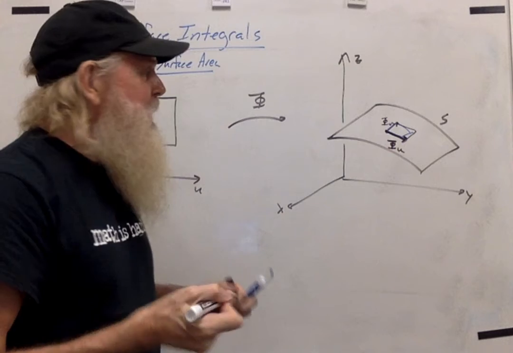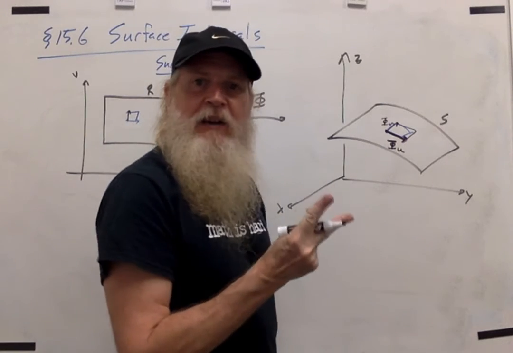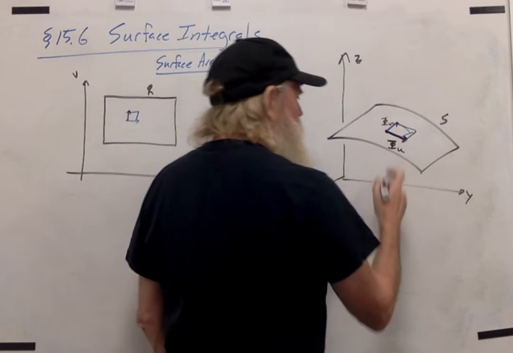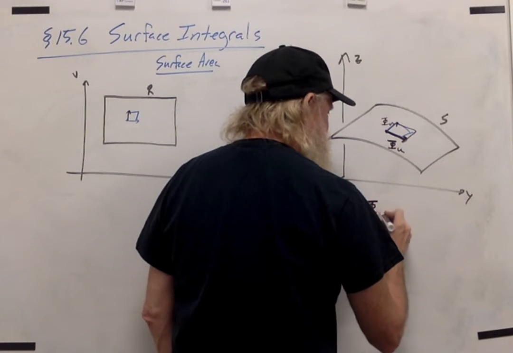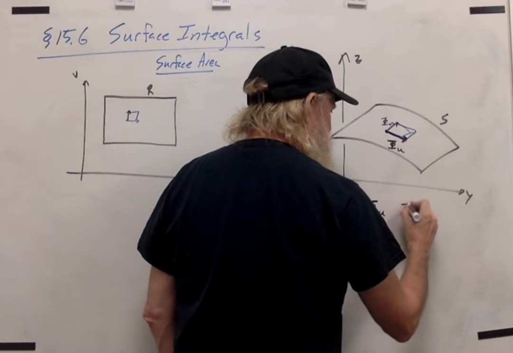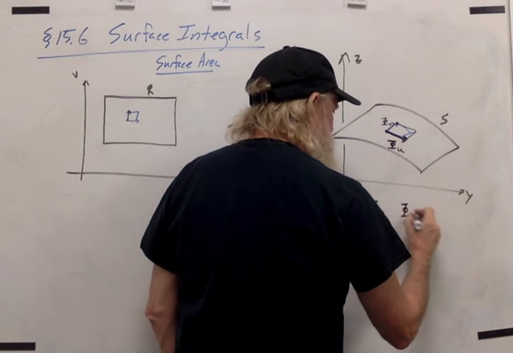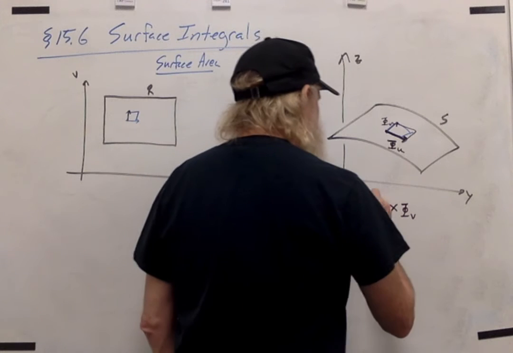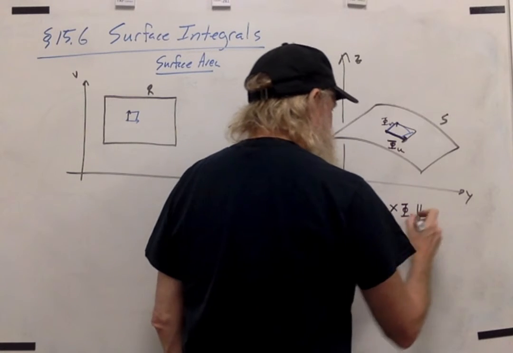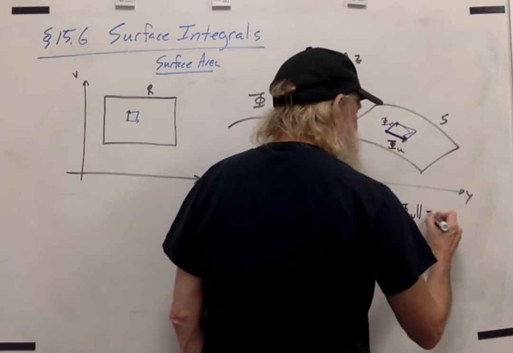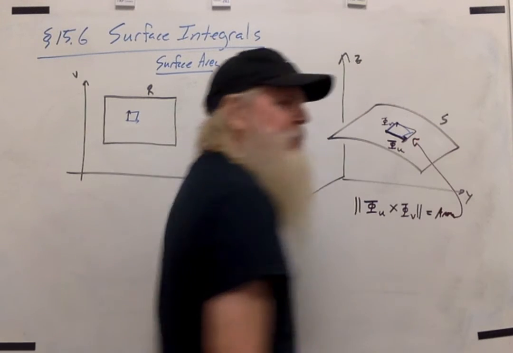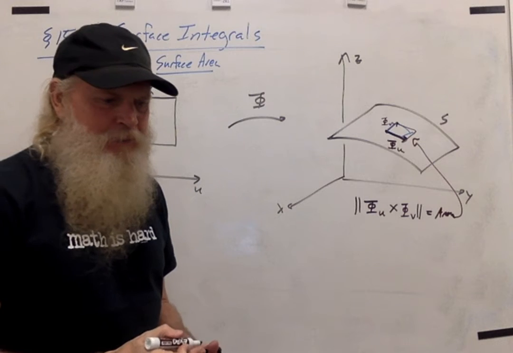Well, way back at the beginning of the semester, we figured out how to find the area of a parallelogram in space. You took the two vectors, in this case d phi du and d phi dv, we took their cross product, which is a vector, and then we took the magnitude of that cross product. So this is equal to the area spanned by those two vectors.